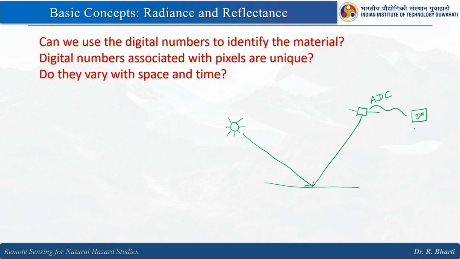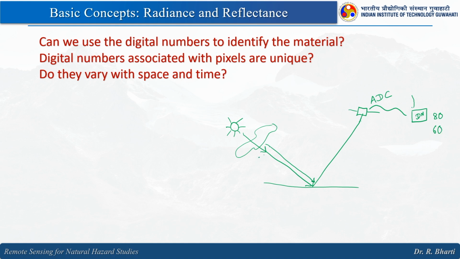So this digital number, if you just try to understand, is directly affected by the amount of radiation. If we have cloud cover here, the amount of energy reaching this particular surface will be less, right. So earlier we received, let's say, 80, but because of the cloud cover we may receive 60.